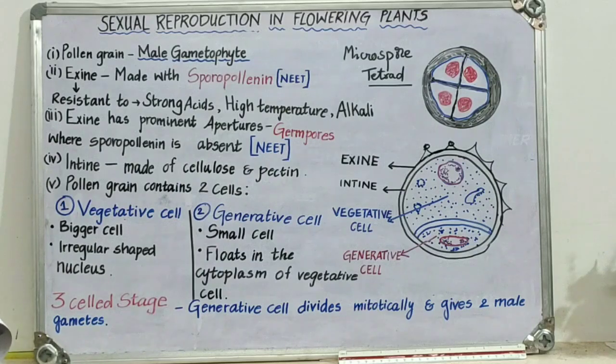One more important point, which is important for competitive exams also: pollen grains are stored in liquid nitrogen. Just as we keep our money in banks, the pollen grains are also preserved. They are stored in liquid nitrogen at minus 196 degrees centigrade.